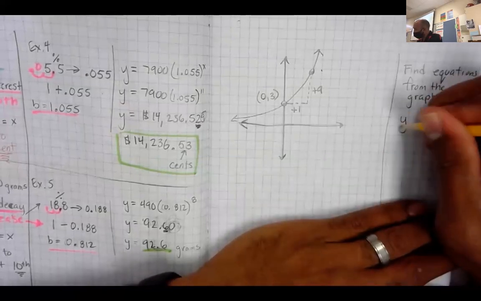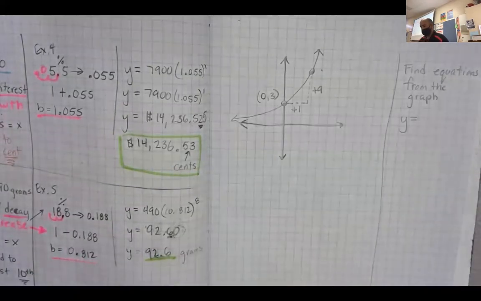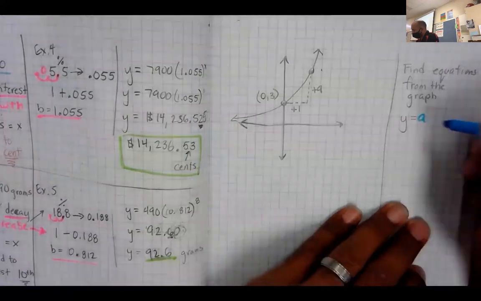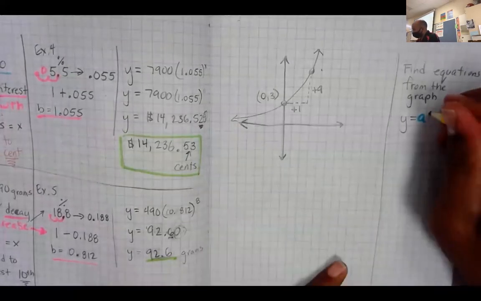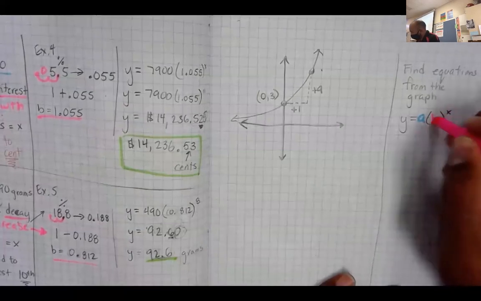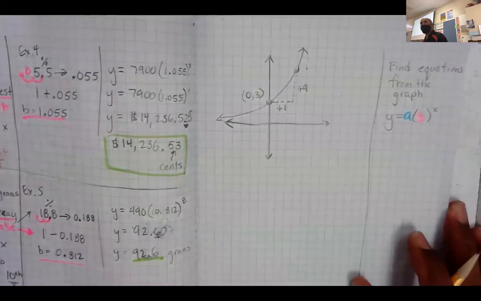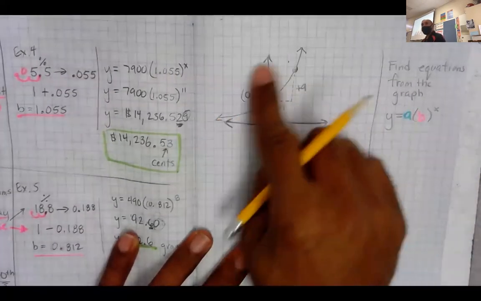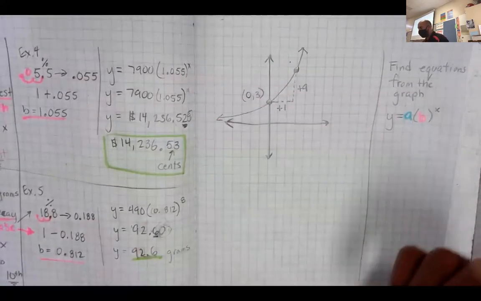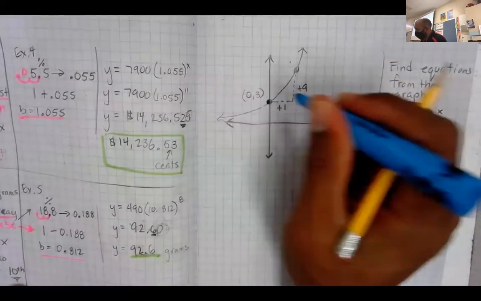Now remember, the equation is y equals a times b to the x. All right. So now on the graph, your a is the y-intercept. It's this number right here.